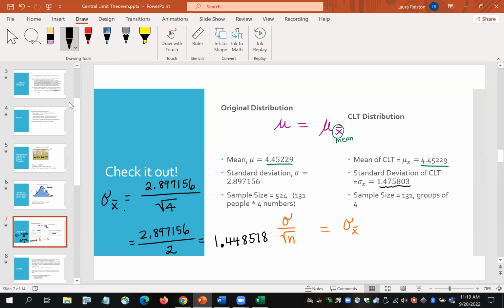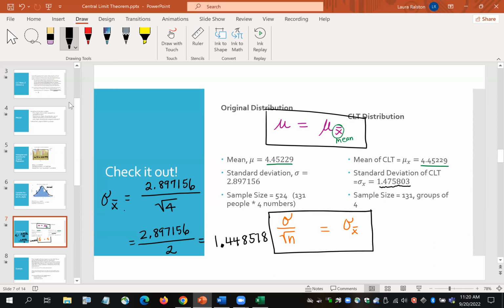Okay, so again, I'm not trying to confuse you, but hopefully that lets you see what the central limit theorem is telling us. What you need to know is basically these two formulas: that the mean of the original is equal to the mean of the central limit theorem, and that the standard deviation of the central limit theorem is the original divided by the square root of n.